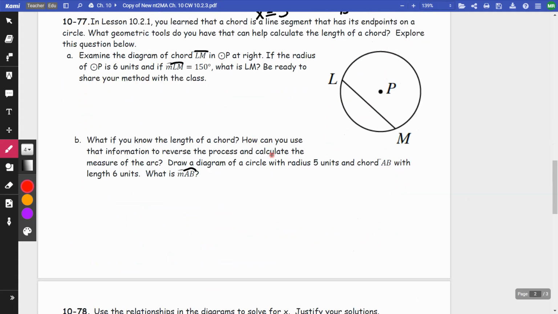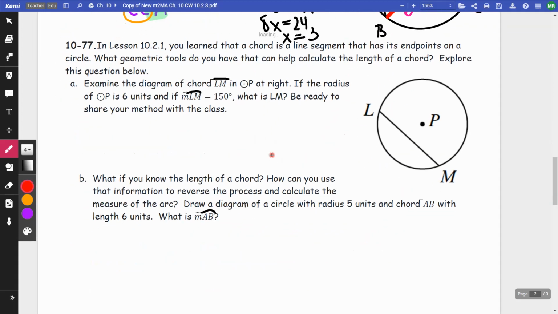On this problem here, we are dealing with a situation where P is the center of our circle. We have these endpoints L and M, which are chords, which is a chord. They want us to figure out a couple of things.